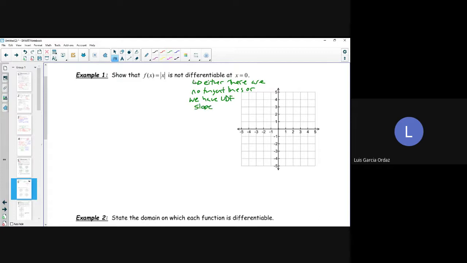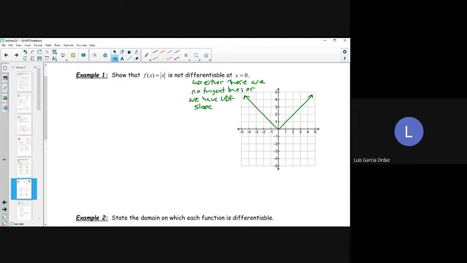As you guys remember, we've already come to the conclusion, based off our previous examples, that it is not differentiable at x equals 0. However, we have to show that using our definition of a derivative, which basically means that we have to show our first principles and see if the limit exists or doesn't exist.